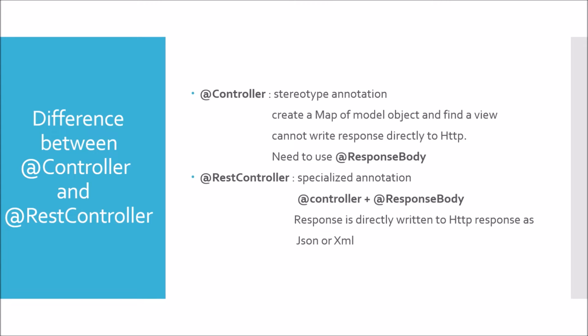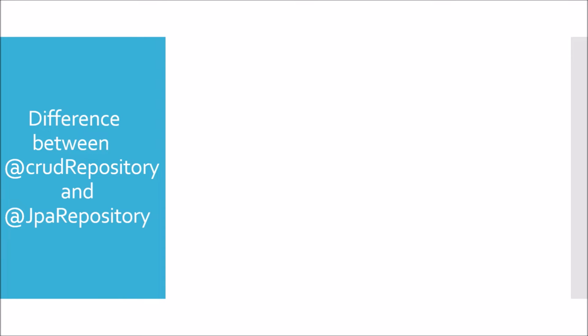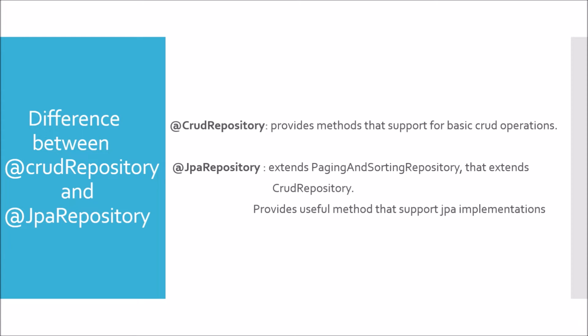Moving to the next question. Difference between CrudRepository and JpaRepository. CrudRepository provides methods that support basic CRUD operations like findById, findAll, deleteById, and so on. JpaRepository provides all the methods you can use with JPA implementations.